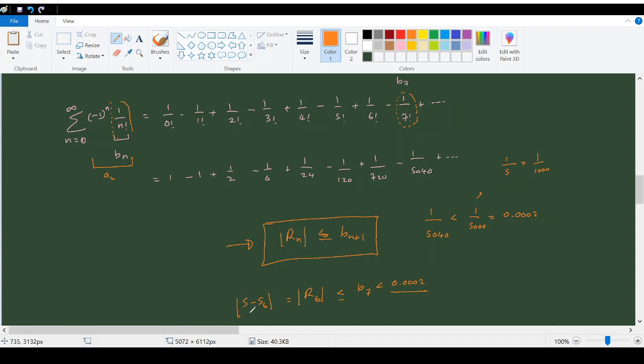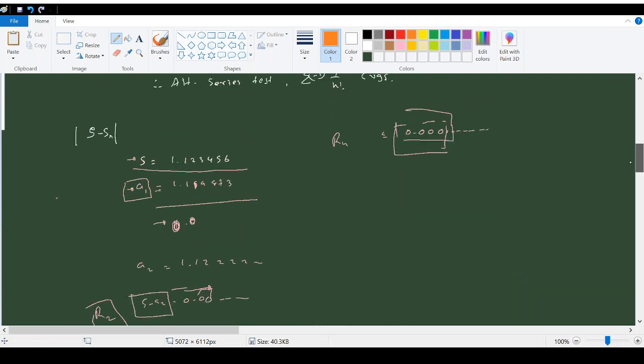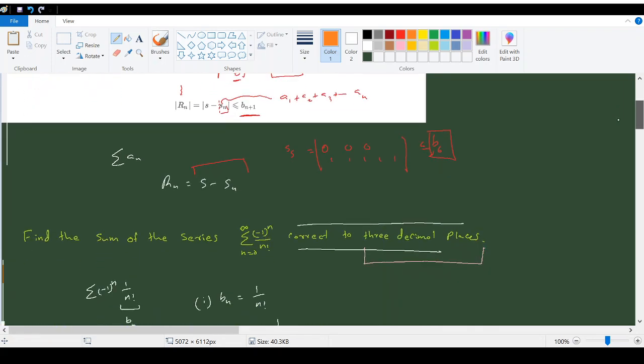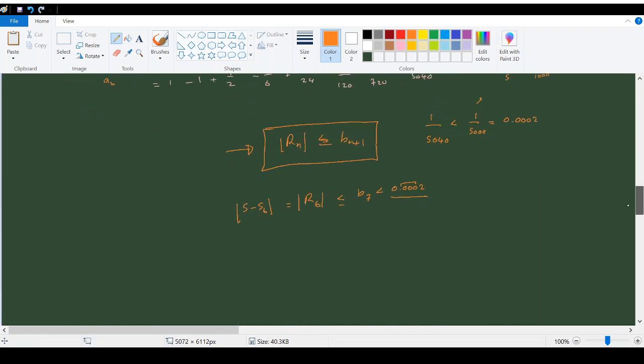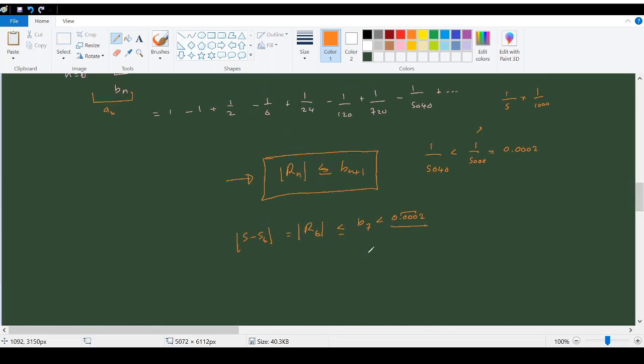summation, the error of this summation does not affect the first 3 decimal places, okay, similar to the problem that I explained, right? So that means if we add the first 6 terms, we will get an answer where the error is less than this amount.